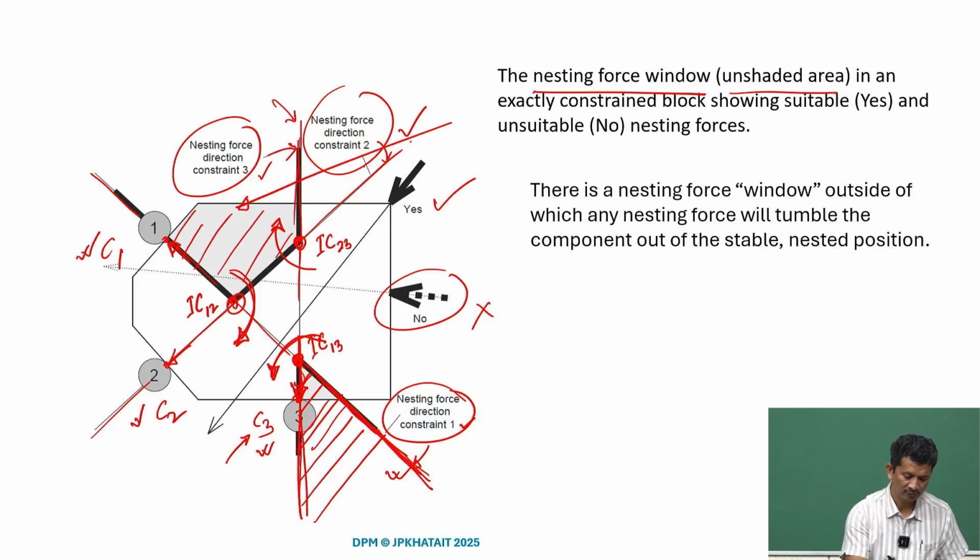It contradicts the IC23 requirement, because it is creating a moment opposite to what is required. Same with IC12, it is creating a moment in the opposite direction, although it is fulfilling the requirement for IC13.